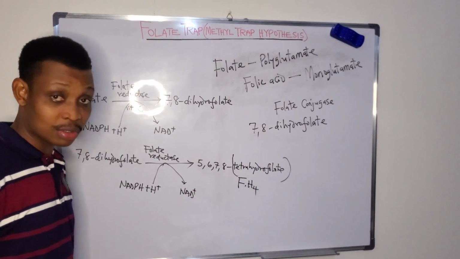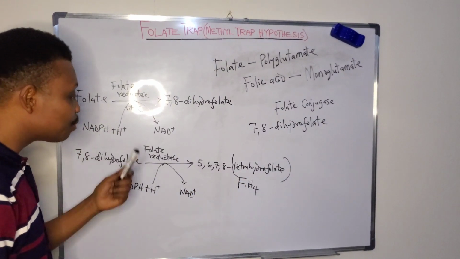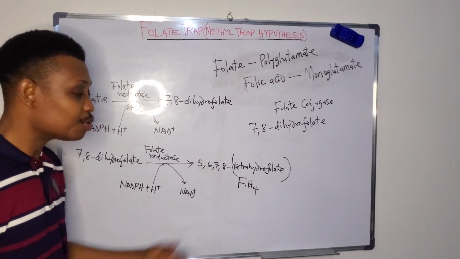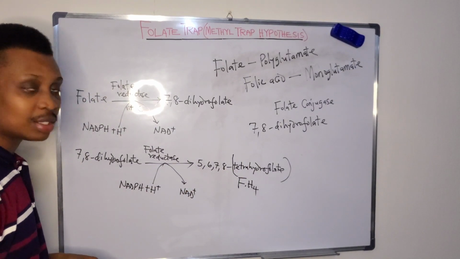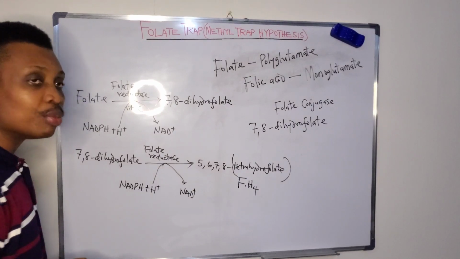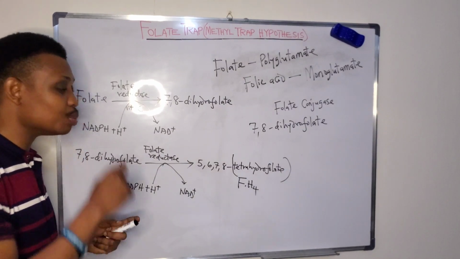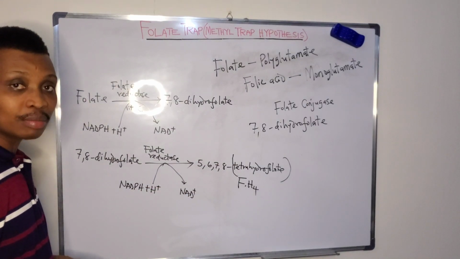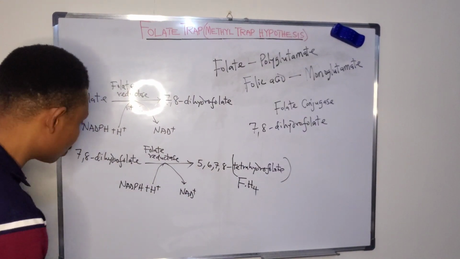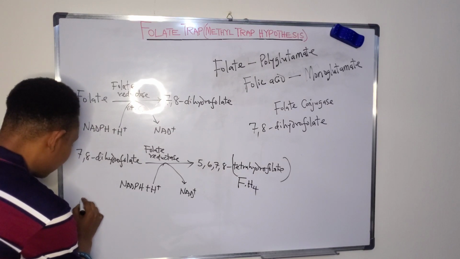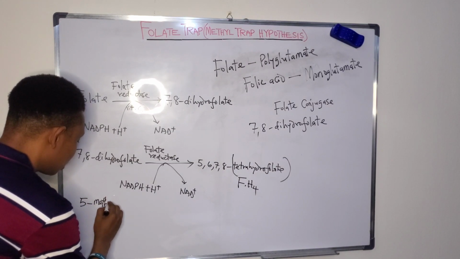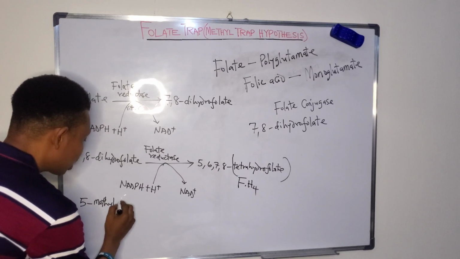Now, this still occurs in the intestine. But before it can be absorbed into the circulation, tetrahydrofolate will have to combine with a methyl group. So a methyl group will be attached to the position 5 of the folate molecule, and that will give rise to 5-methyl tetrahydrofolate.